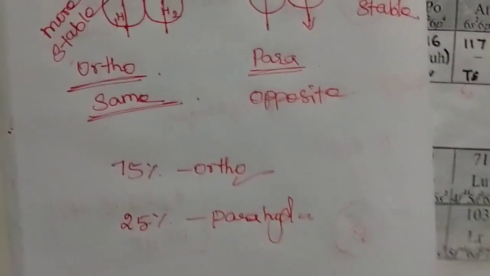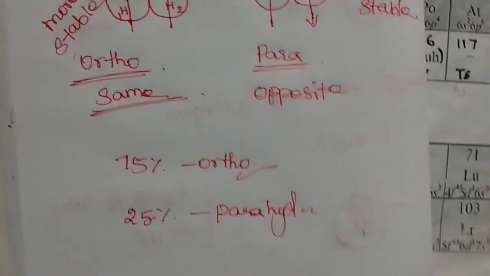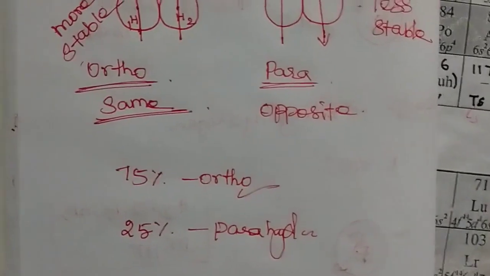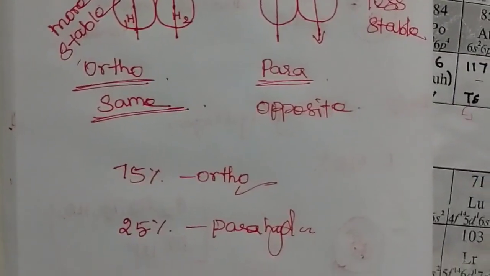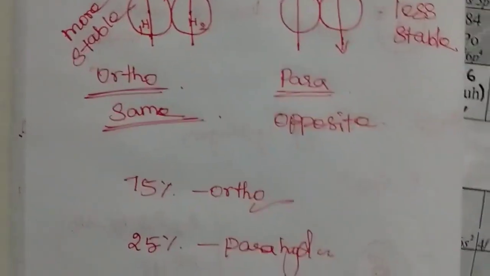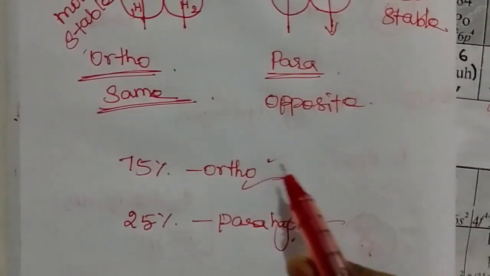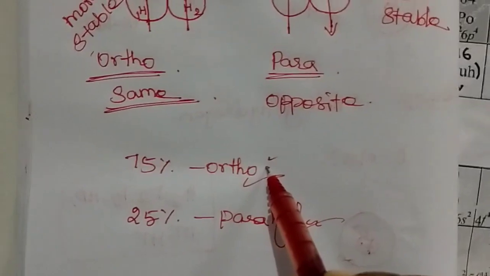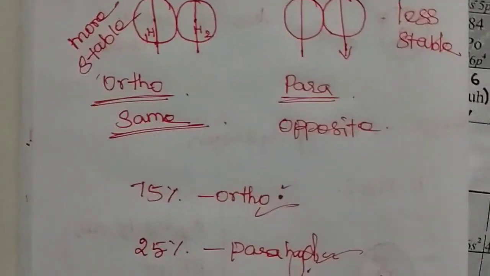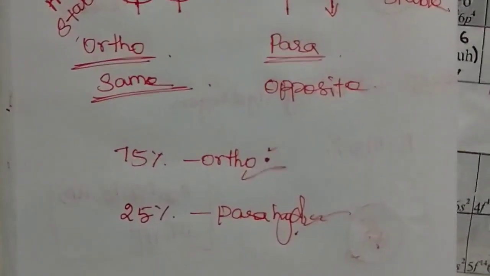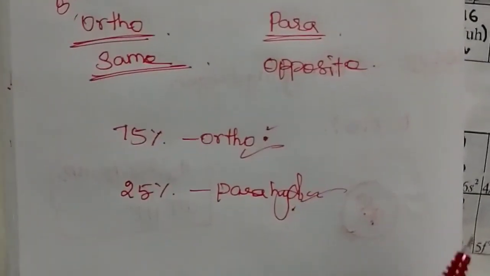We have some methods to convert one isomer into another isomer: orthoisomer into para-isomer, or para-isomer into orthoisomer, or para-hydrogen to orthohydrogen, or orthohydrogen to para-hydrogen.